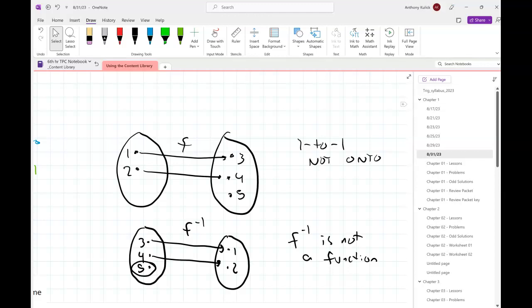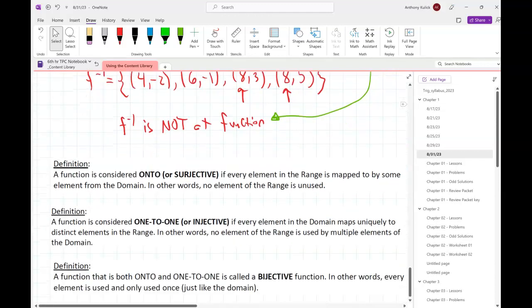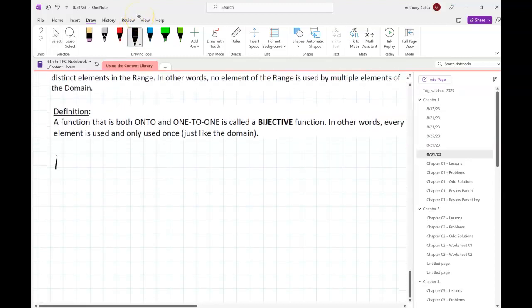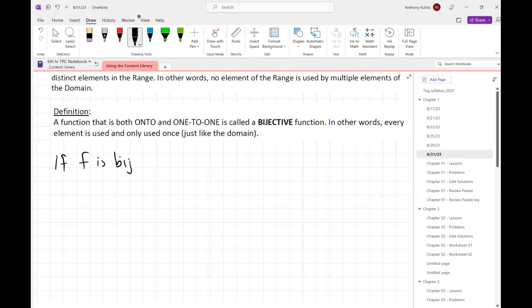So we can say now, as long as f is bijective, one-to-one and onto, f inverse will be a function.